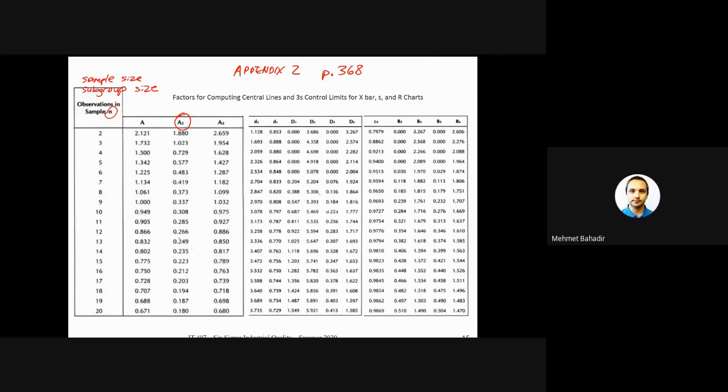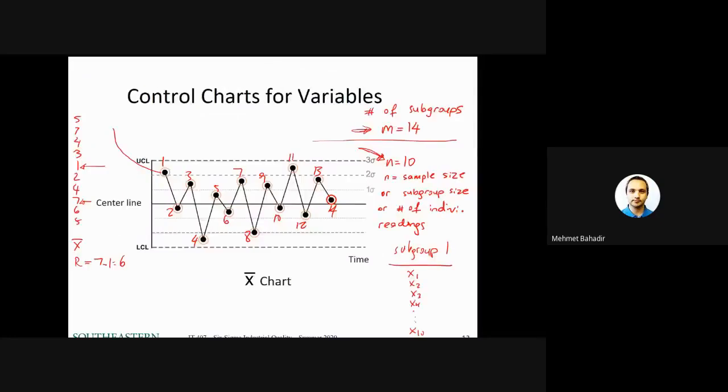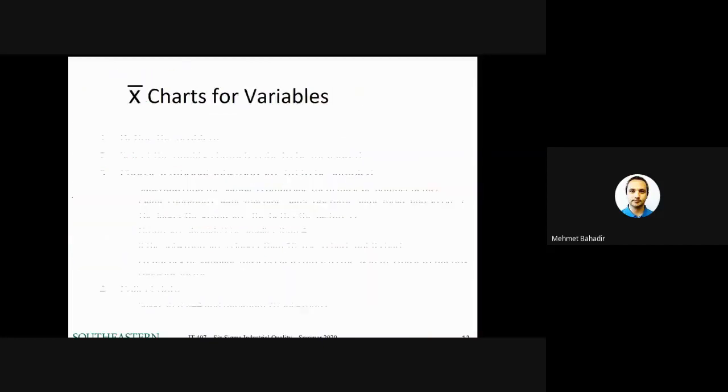In our example, as you remember, we said that we have 10 individual readings. So it means that your N is 10 here, right?